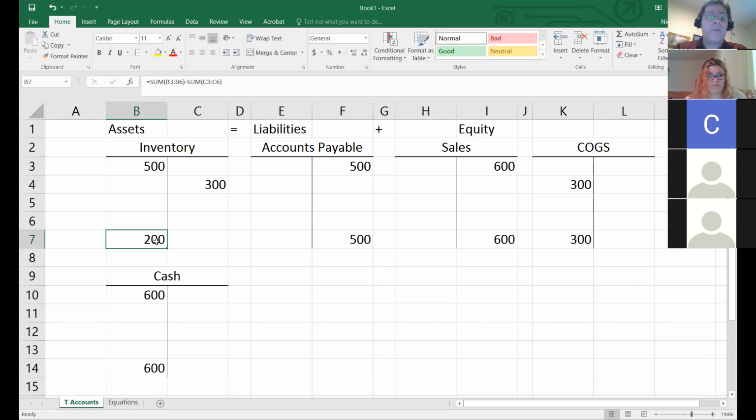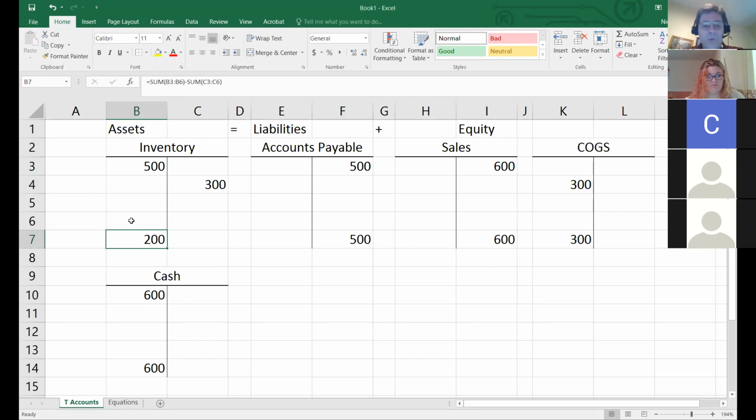We just know that whatever inventory we have has a cost of $200. That could be 20 items. It could be 10 items. We don't know that. We just know that it costs $200 at this point. Somewhere else, and accounting systems do this wonderfully, we would be tracking the units. But this is the kind of model that I like to use when I'm tracking the changes in inventory.